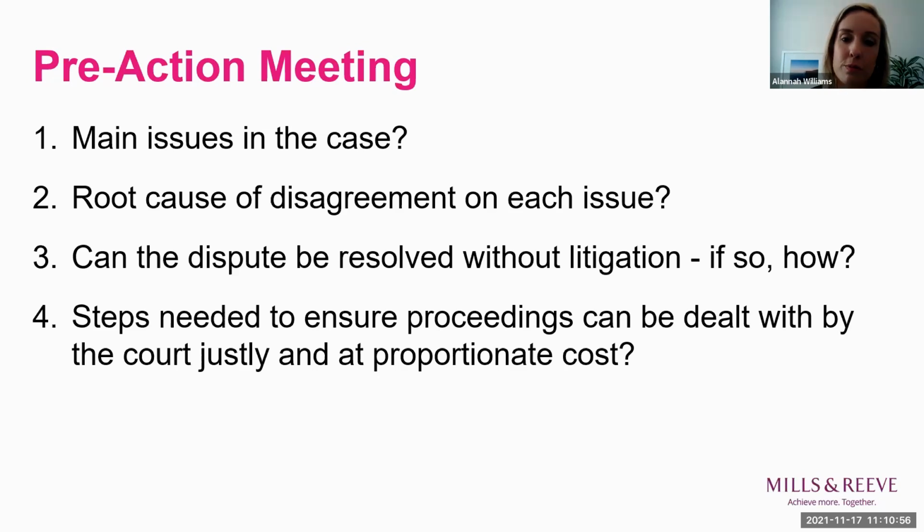So the protocol provides that if the parties can't agree a settlement, they should use the pre-action meeting to try to agree things like the extent of the documents to be disclosed with a view to managing cost, what expert evidence is required and how it will be dealt with, whether the parties should appoint a joint expert, and if so, who, and how the litigation should be run to minimise cost and delay.